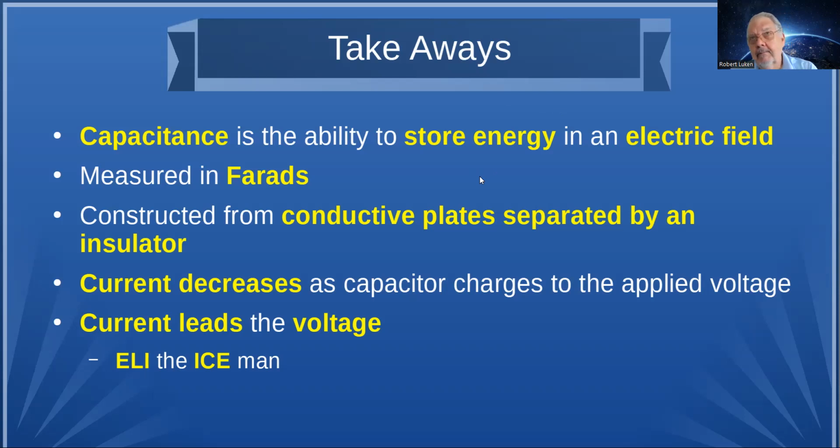Okay, just remember that in the capacitor, it appears to be essentially zero resistance. So you get a high current. And the more it charges, the less current you got. So that's why we say the current leads the voltage.